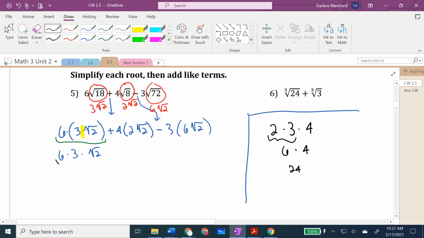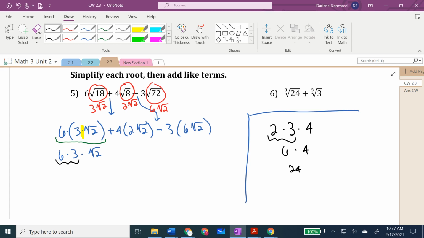So over here, you can actually bring together the multiplication of 6 times 3. But you can't bring the 6 times root 2 together. You can't bring the 3 times the root 2 together. You're stuck with two things that are multiplying once you do what you can do.